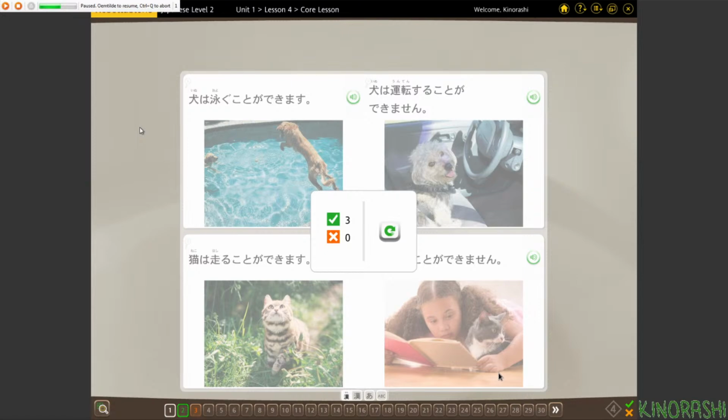It says dekiru is the potential form. Oh, okay, so suru is how you say to do something, will do, already have done, or blah blah blah. So dekiru is how you say you have the potential to do something.